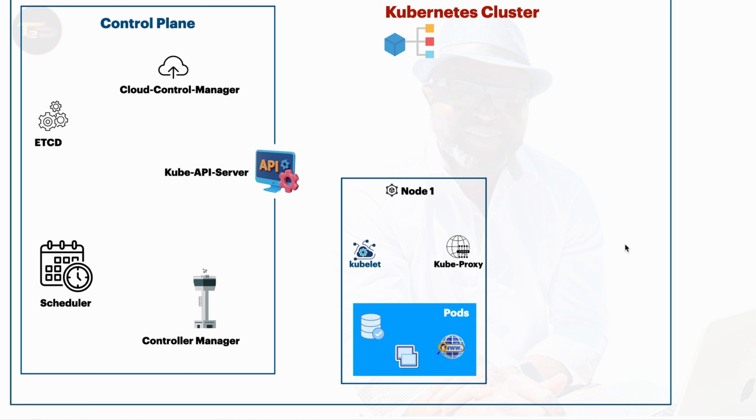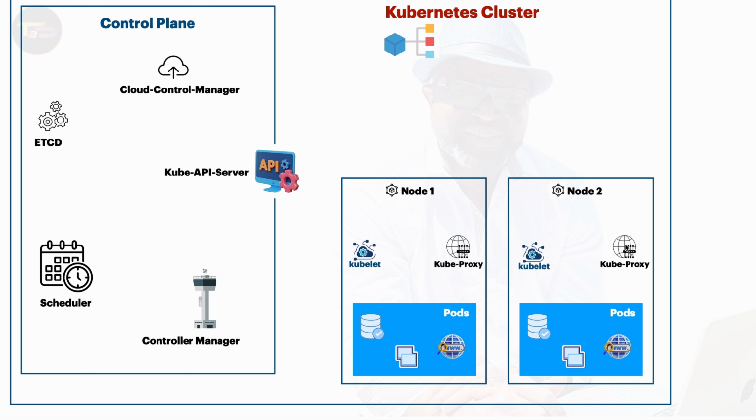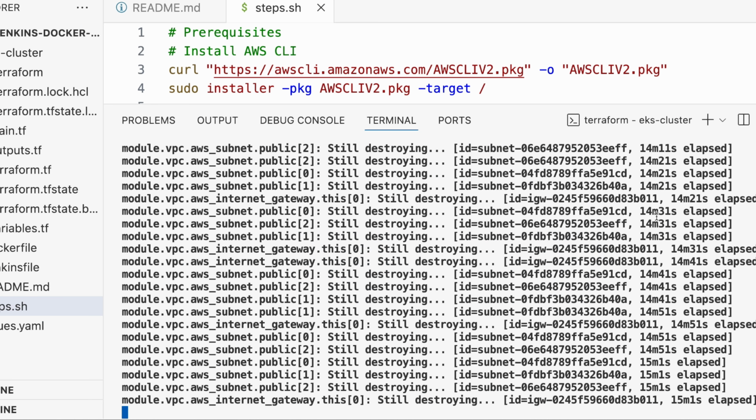The kubelet allows the node to communicate with the control plane. Kube proxy, that's to allow access in and out. And you can have more than one node in the cluster, again with the same type of components. This is kind of like how this cluster operates, and you can read more about all of this.